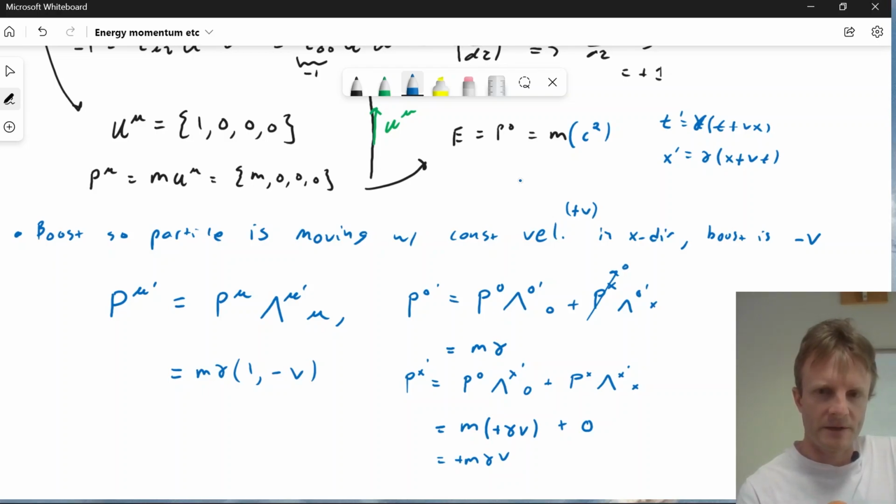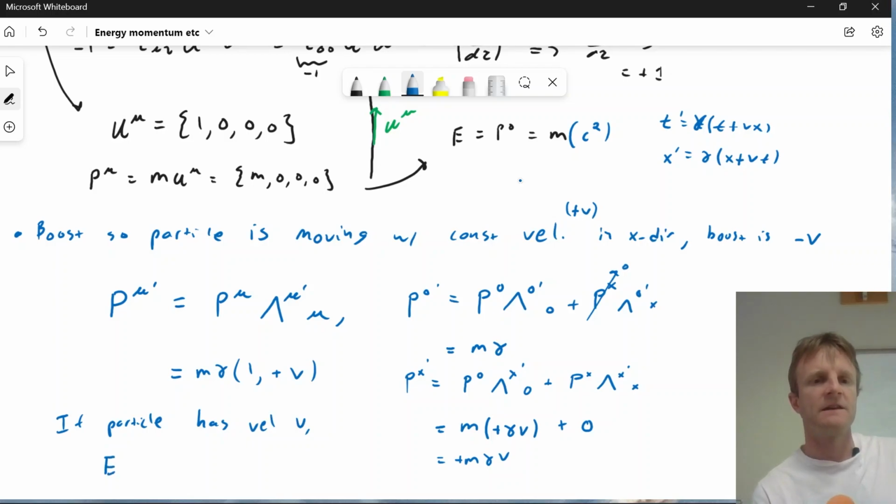And then this will be a plus. And so this is a nice formula to remember. Okay, so in an arbitrary frame where a particle is moving with some constant speed, if the particle has velocity v, then its energy, which is now called E prime, is m gamma.